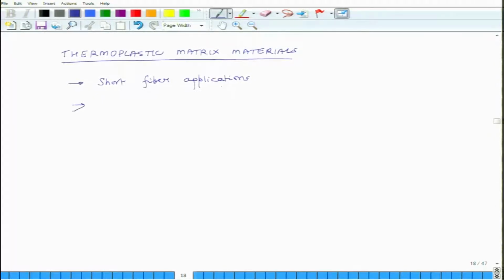They are used in applications which are in daily use. Chair, stools, laptop covers, ladders, and things like that.